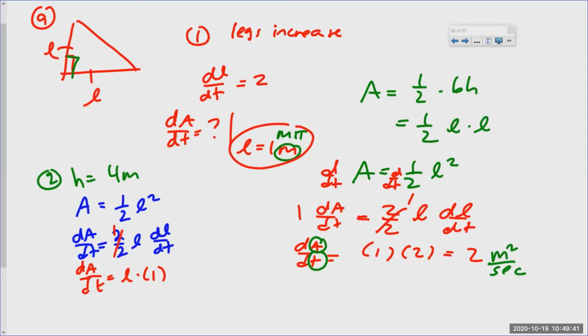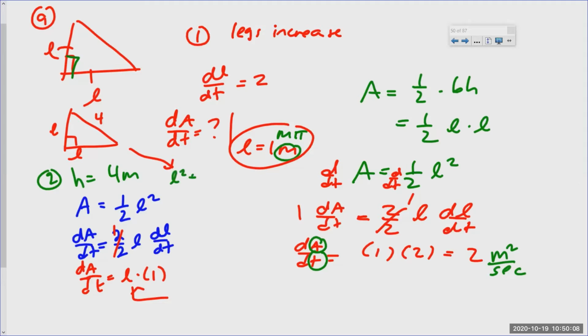But here's the thing. Do you know L at a moment in time? Well, if the H is 4, let's do a moment in time picture. I don't want to mess up this picture. This isn't a moment in time picture. But if the H is 4, do I know what L is? How do you figure out L if this is 4? Guys, how do you figure out the length of a right triangle when you know the hypotenuse?